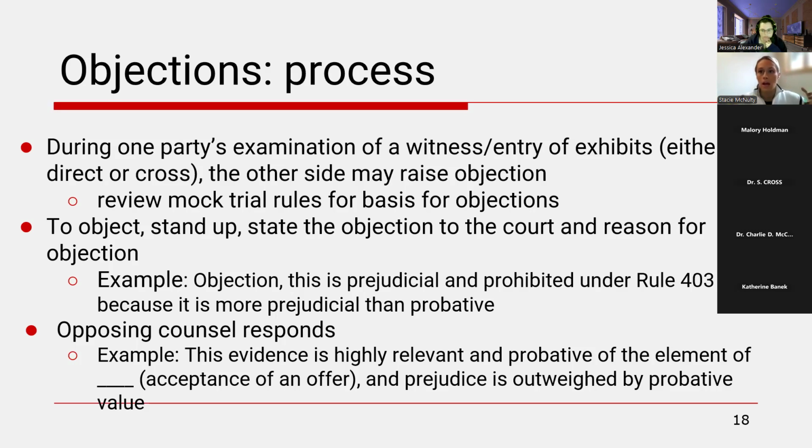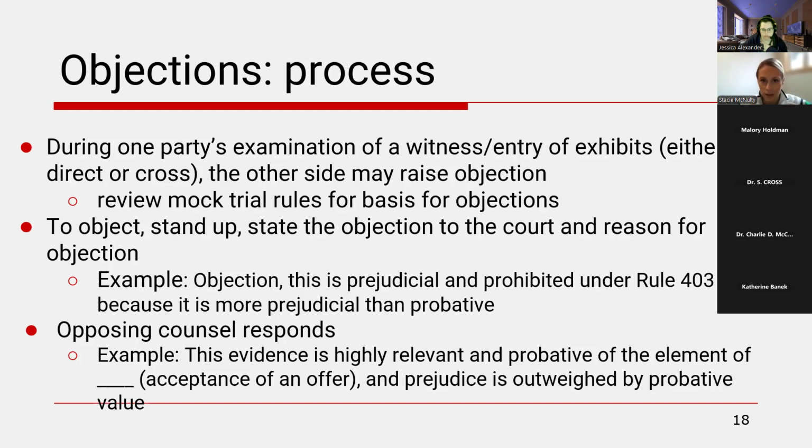So let's say I'm the state and I am putting on my witness through direct examination. And I ask him a question, or there's a piece of evidence that I want to use. So the other side, whatever attorney is assigned to that same witness, is going to object to something I have done wrong. The question isn't right, whatever.